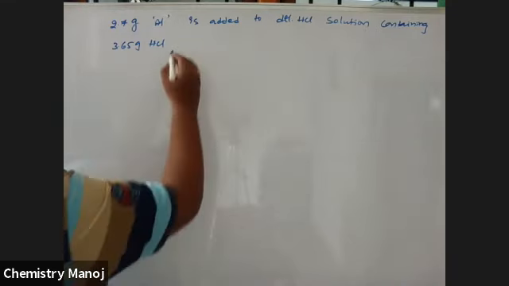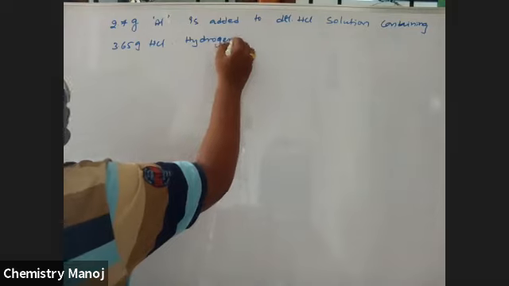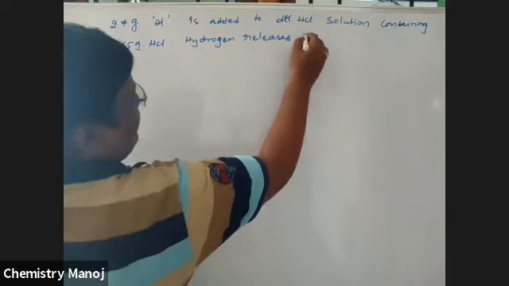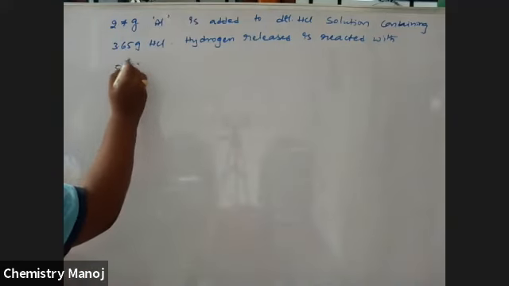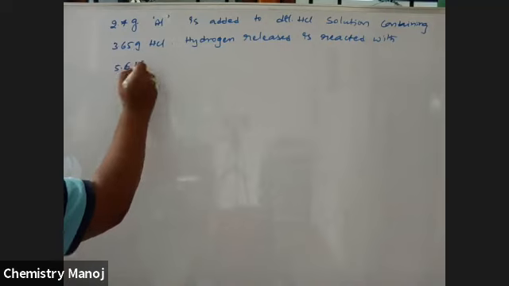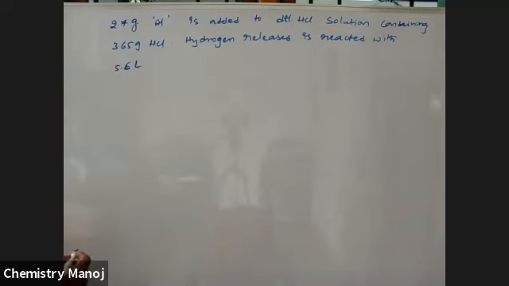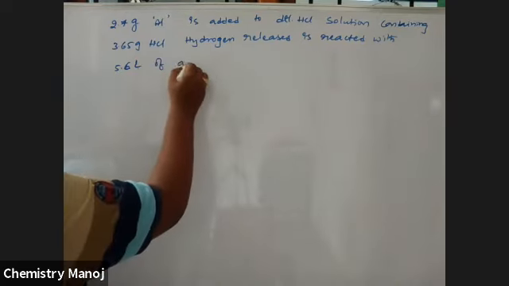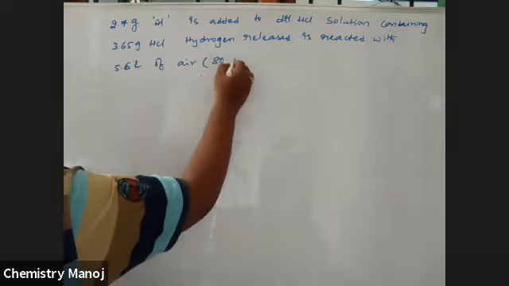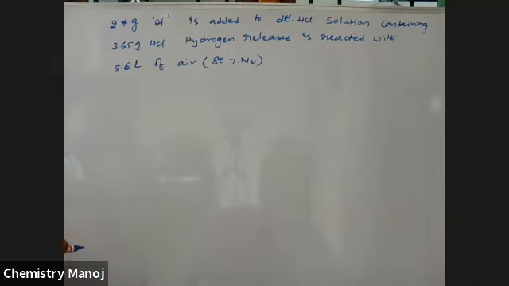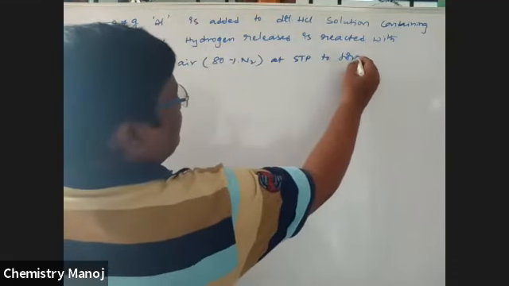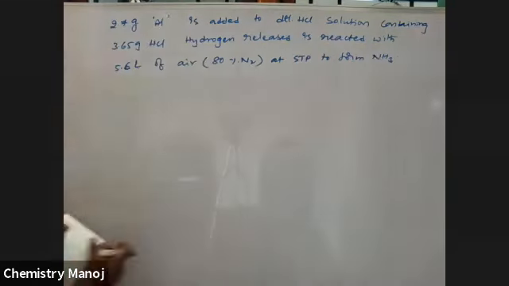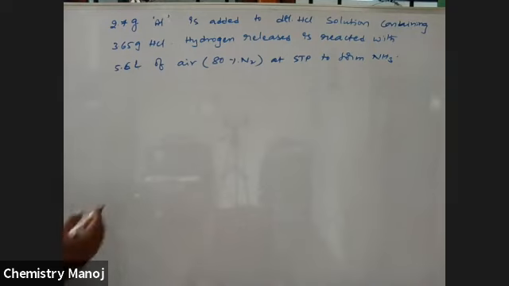The hydrogen released is reacted with 5.6 liters of air, which is 80% N2, 5.6 liters of air at STP, to form ammonia. Find the moles of ammonia produced.